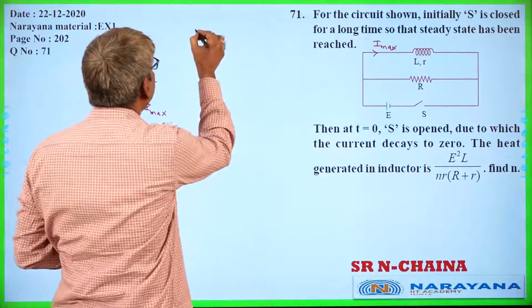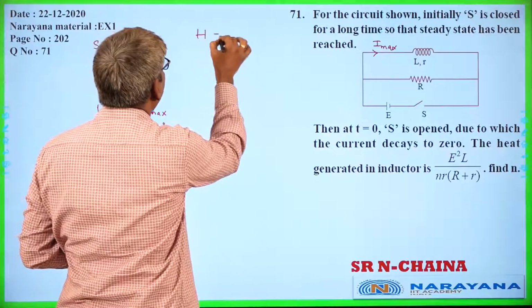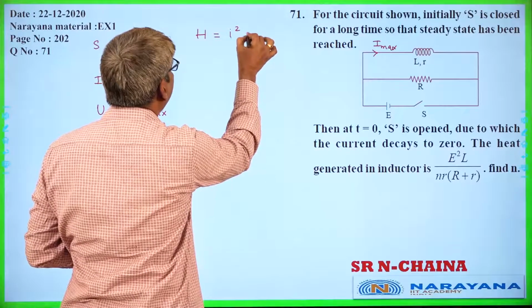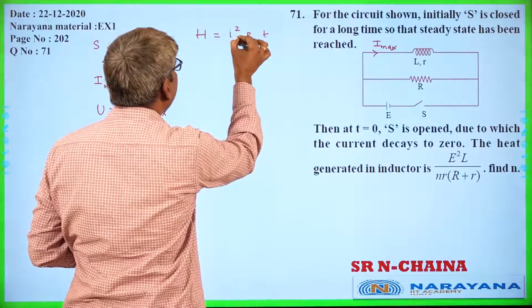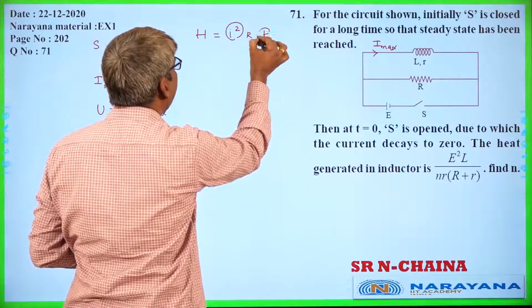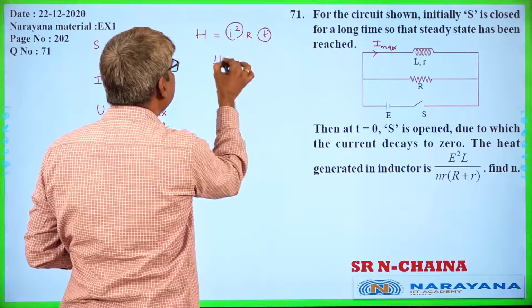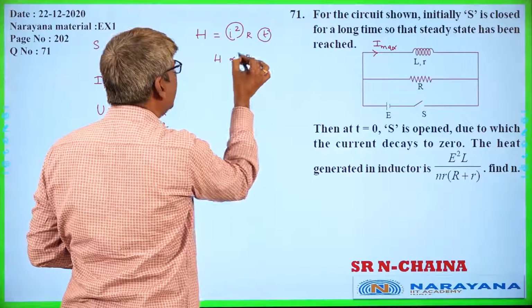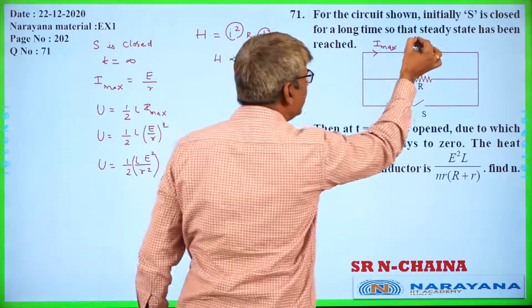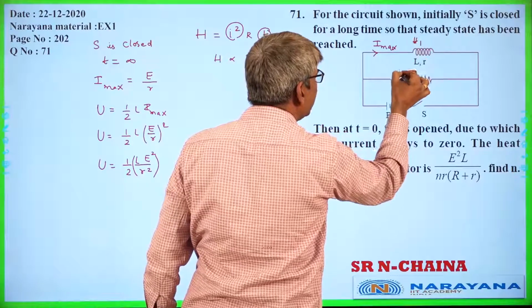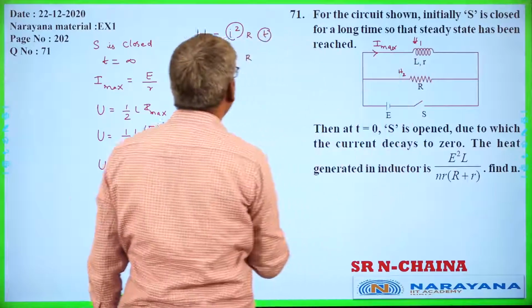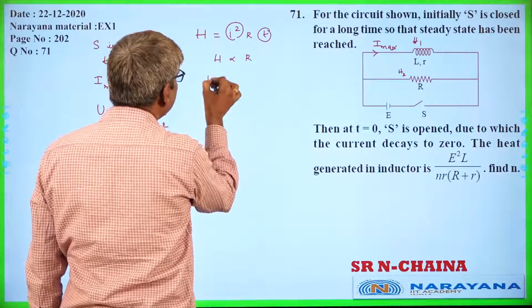So we know the heat energy formula, H is equal to I square R T. In this, the same current flows in the same time. So heat energy is directly proportional to R. Let the heat energy developed in this be H1, and in this H2. So by the method of proportions, there is a ratio.